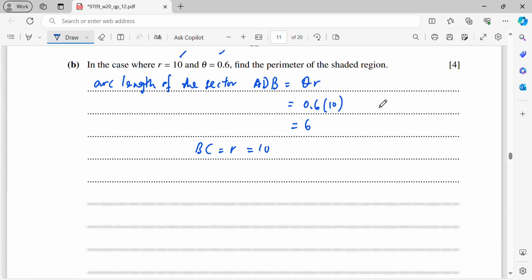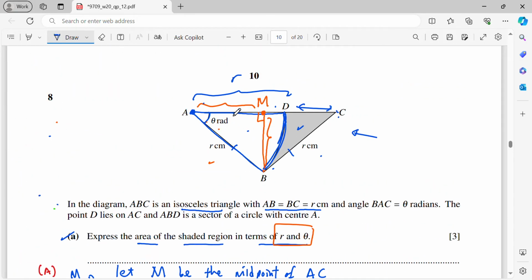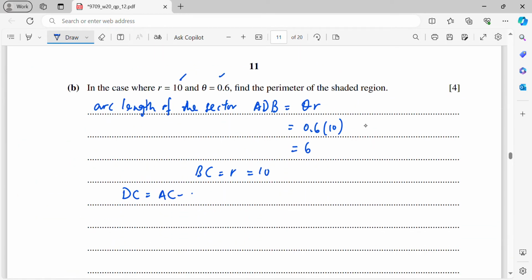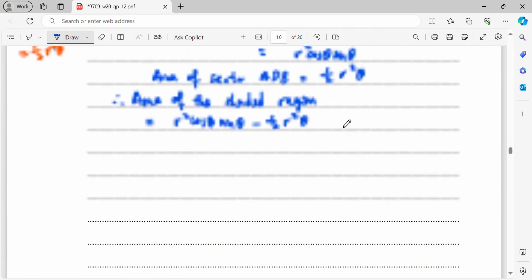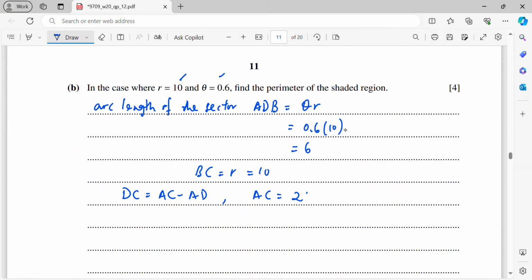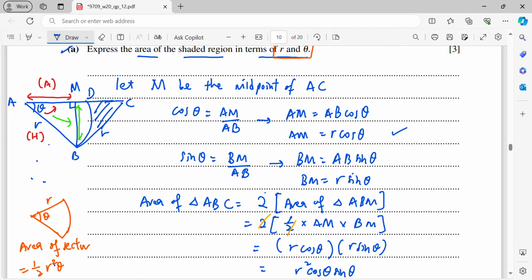Okay, so DC equals AC minus AD, where my AC is double of AM. Okay, so my AM is basically from the previous calculation, R cos theta.